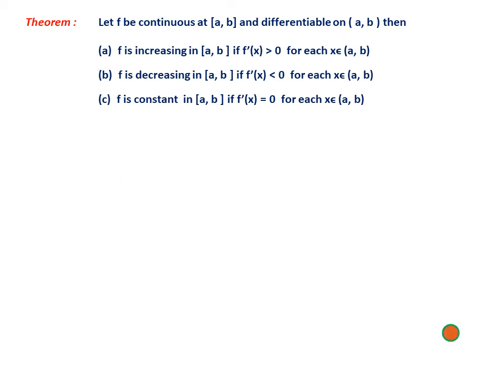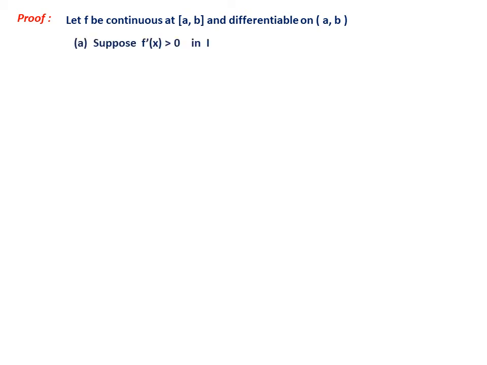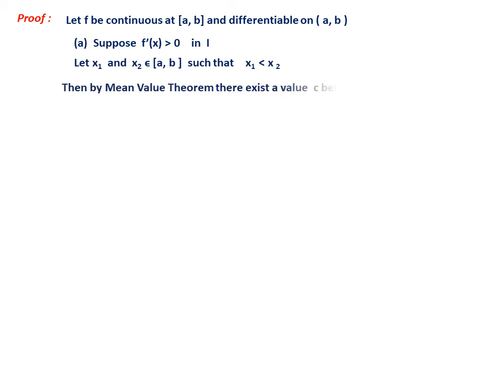Now let us proceed. Let us try to prove this one. Let f be continuous on AB and differentiable in AB. Suppose f dash x is positive in I, then we can show that it is increasing. Let x1 and x2 belong to AB such that x1 is less than x2.